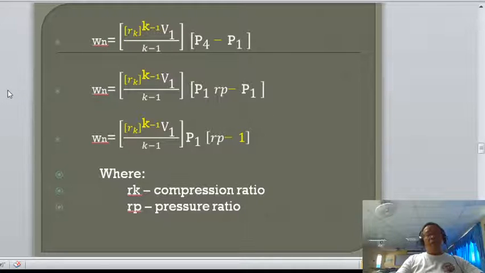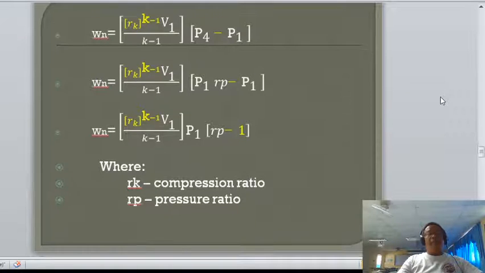Okay? Work net is equal to Rk raised to k minus 1 multiplied by V sub 1 over k minus 1 multiplied by the initial pressure and then multiplied by the pressure ratio minus 1. Okay? So I think it is clear to everybody.